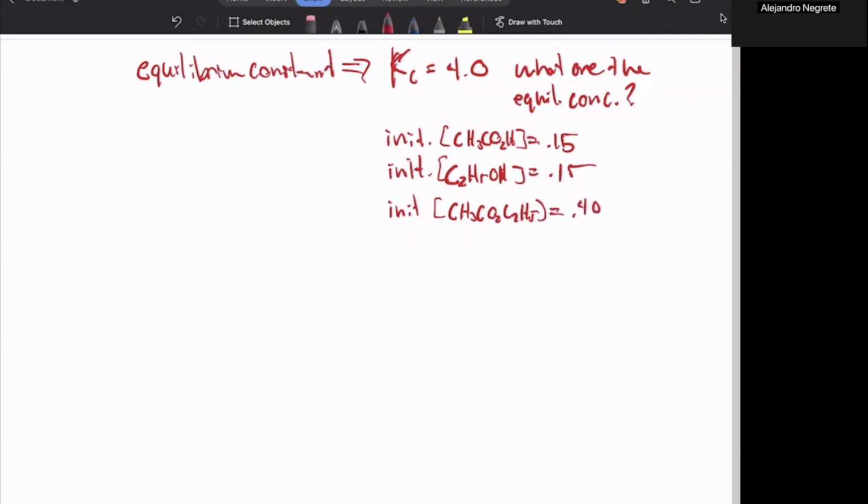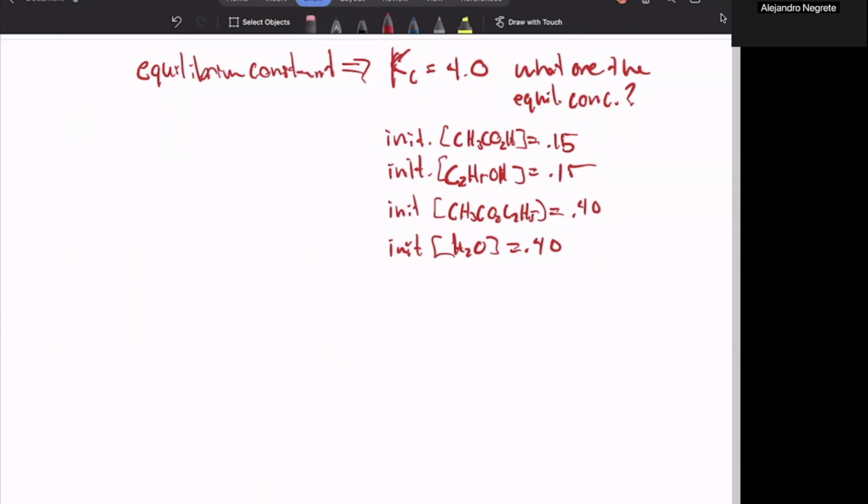And then we also have a concentration of some water here, the solute, not the solvent. And it's also equal to 0.40. So in this example, we're starting with all the concentrations here. So what are the equilibrium concentrations?